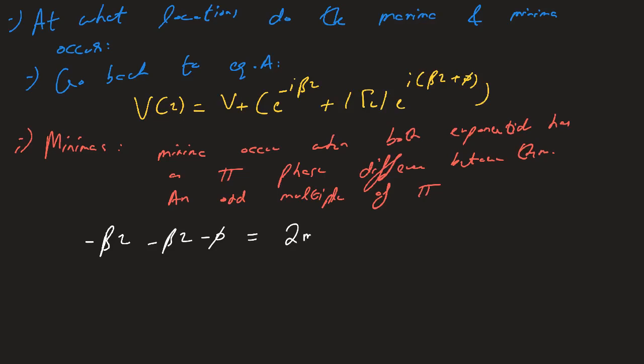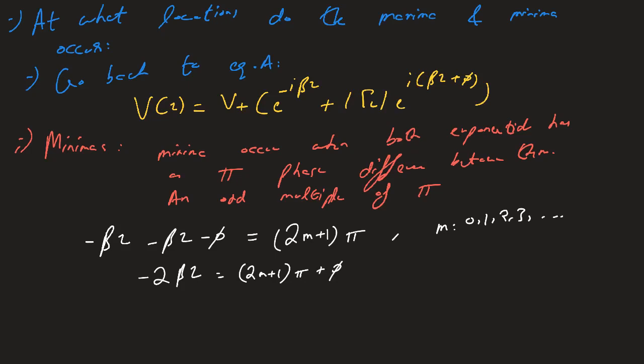So 2m plus 1 times pi, where m is some integer 0, 1, 2, 3, and so forth, right? So what this gives us is that minus 2 beta z becomes equal to 2m plus 1 times pi plus phi.